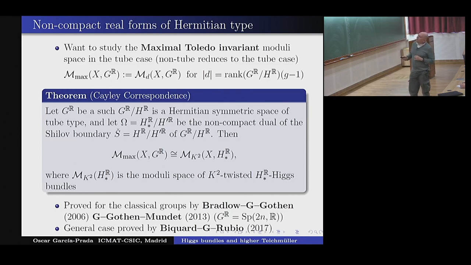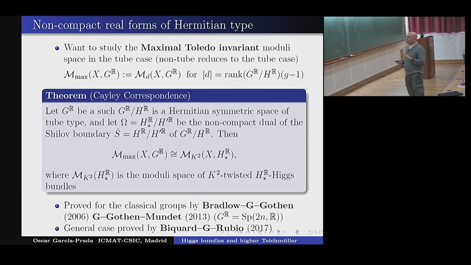And now the group here is precisely the non-compact dual of the maximal compact of GR, which was determined by the Shilov boundary, okay? And so the statement is that the moduli space of maximal Higgs bundles is isomorphic, as a quasi-projective complex variety, to the moduli space of K squared twisted H*R Higgs bundles.